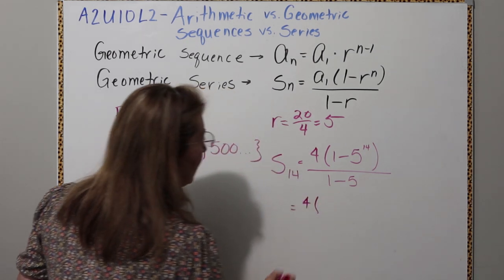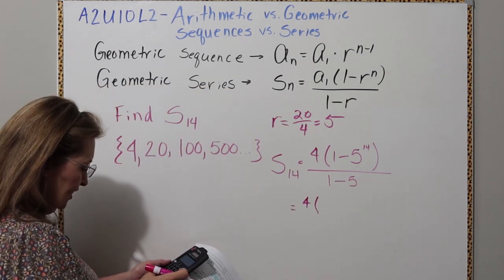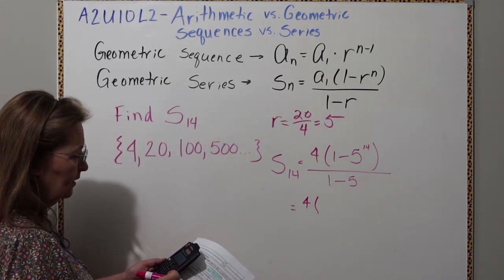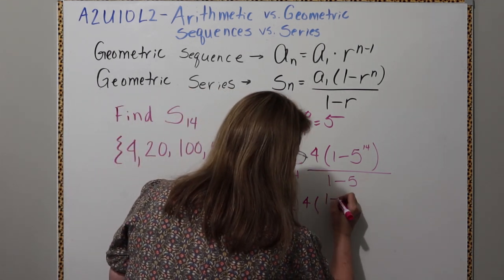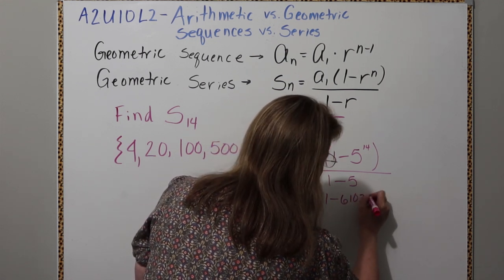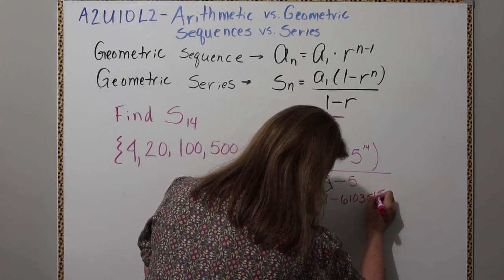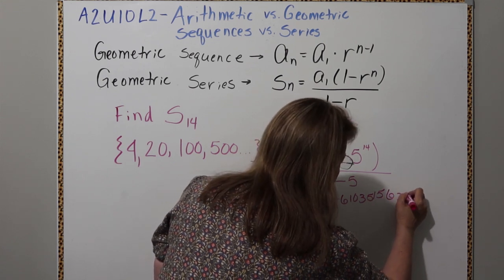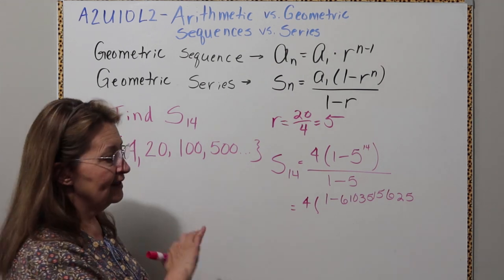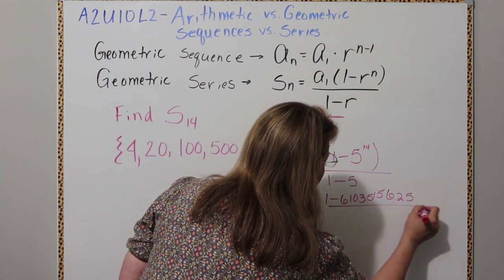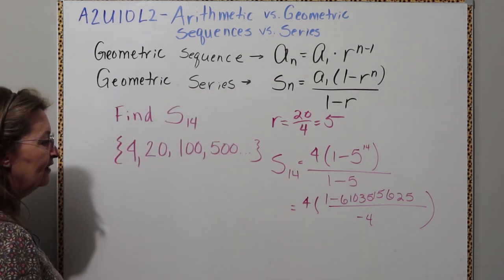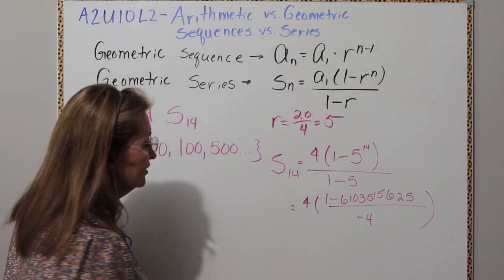So, 4 times 5 to the 14th power is a really long number. 1 minus that, 6,103,515,625. This is when I really miss having a live class because they tell me these numbers. 1 minus 5 is negative 4. Okay, we need to simplify this. Right off the bat, I can tell you what I'm fixing to do.